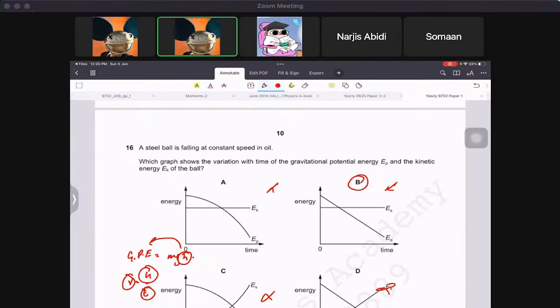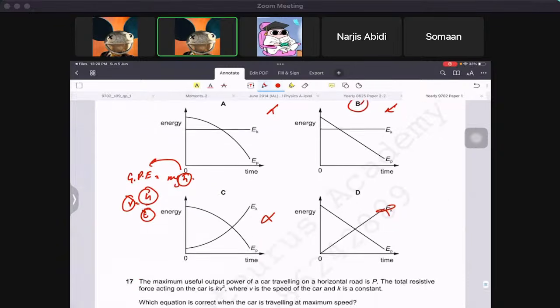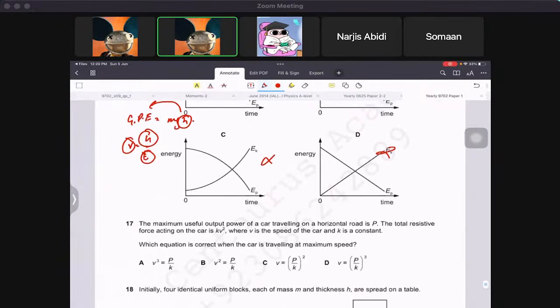Okay, now the maximum useful power of a car traveling on the horizontal road is P. The total resistive force acting is kv squared, where v is the speed of the car, k is constant. Which equation is correct traveling at maximum speed? So at maximum speed, the power output should be equal to force times velocity, and this is kv squared times v.